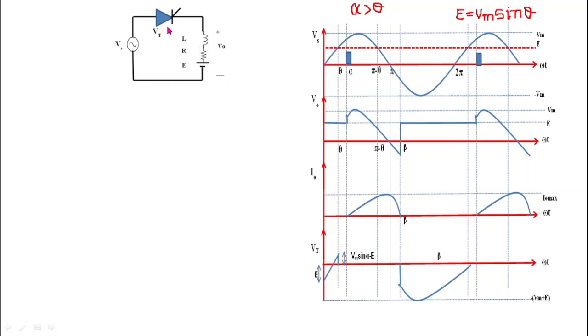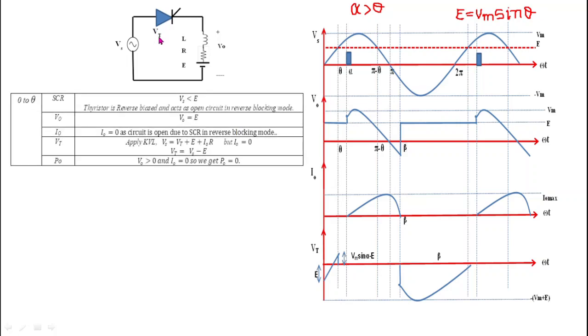Suppose this thyristor is off, then we can write thyristor voltage Vt as Vs minus E. So thyristor voltage Vt is equal to Vs minus E, and from 0 to theta this EMF E is greater than source voltage Vs. That's why we get Vs less than E. So Vt will be negative because the source voltage is less than EMF E. So we can say that the thyristor is reverse biased, or that the anode to cathode voltage of the thyristor is negative from 0 to theta.